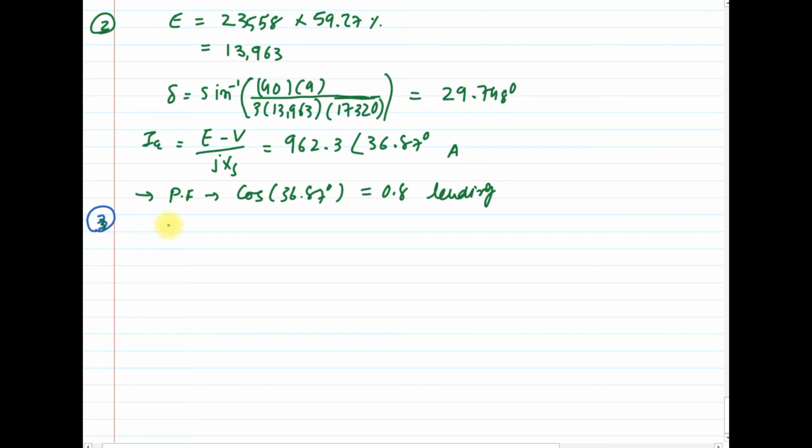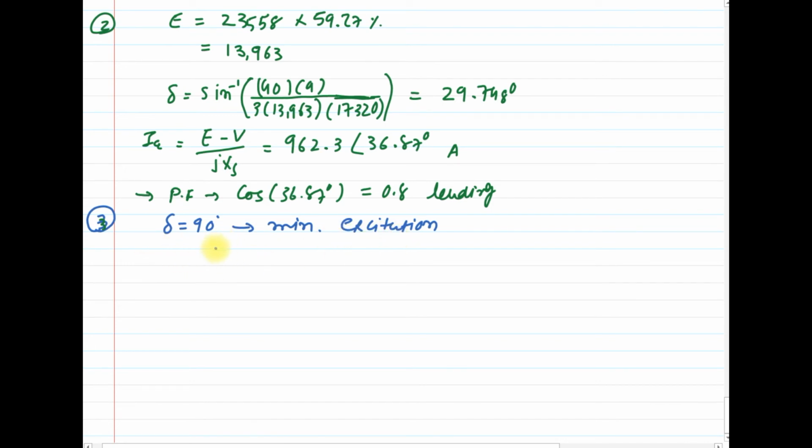So we can say that delta is equal to 90 degrees, the steady state stability limit. So at this value we will get the minimum excitation. Clear? So let us calculate the minimum excitation value.